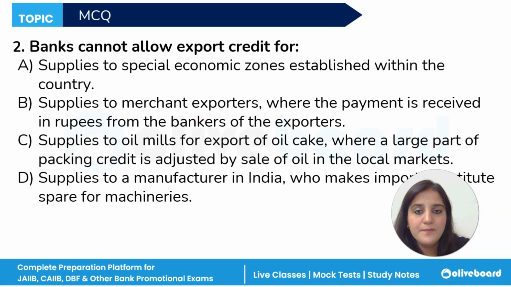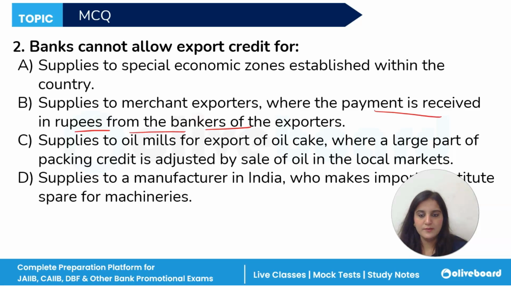Second is supplies to merchant exporters where the payment is received in rupees from the bankers to the exporters. This is allowed as long as the transaction is considered as export and follows relevant guidelines.